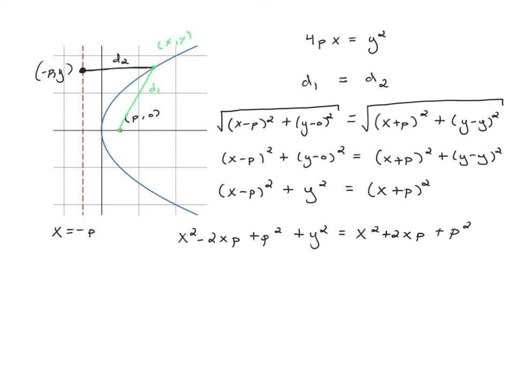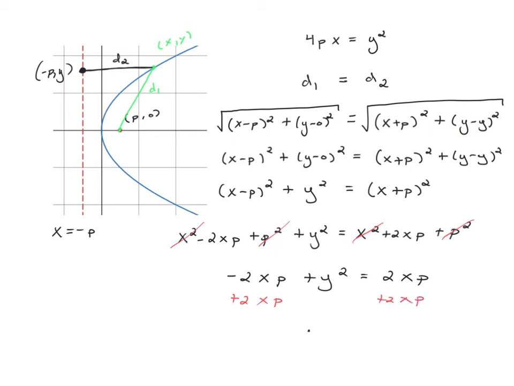I'm noticing that I can cancel x squared from both sides of the equation. I can also cancel p squared. And what we're left with is negative 2xp plus y squared is equal to 2xp. I see one step left, and that is to add 2xp to both sides of the equation.